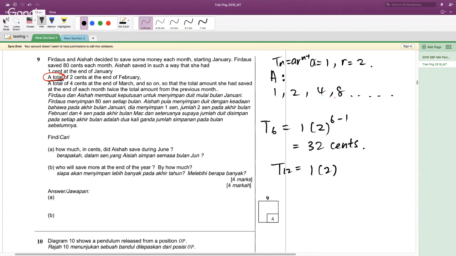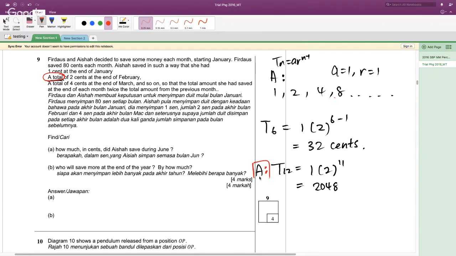Right, so it's a bit messy, I write so close. So my n is 12 minus 1 is 11. So A's total 12-month saving should be 2048, isn't it? Let me just use calculator to double confirm this one. 2 power of 11, yeah, 2048. So this one is the total saving for A.